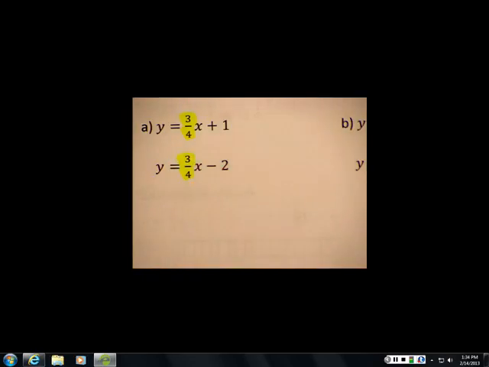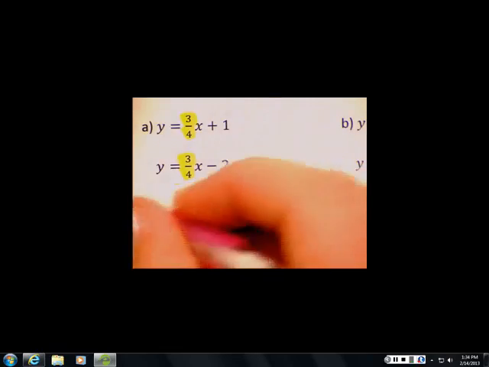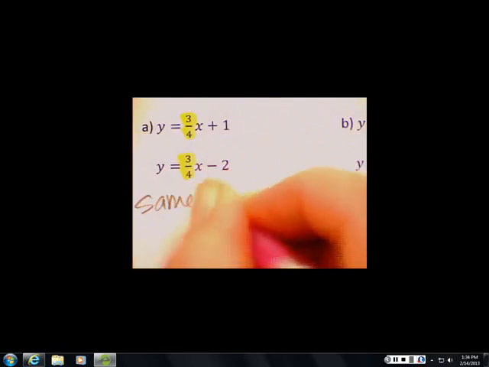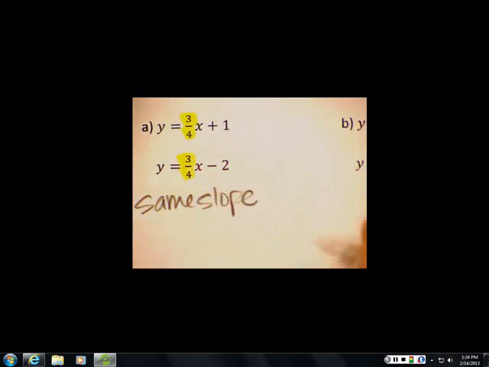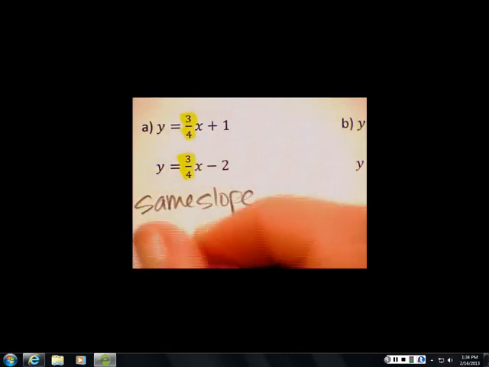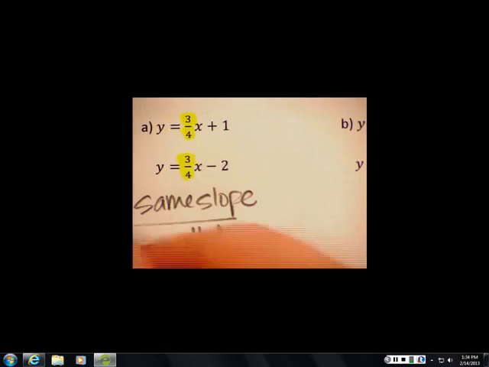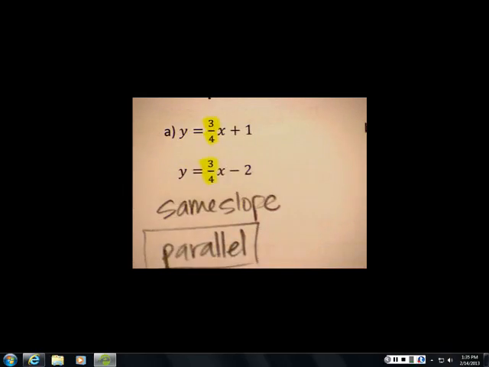I recognize that we have the same slope, which means that the lines must be parallel. I'm going to let you do B, and I'm going to let you do C.